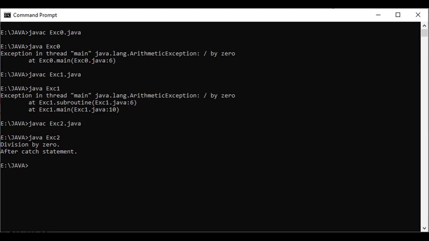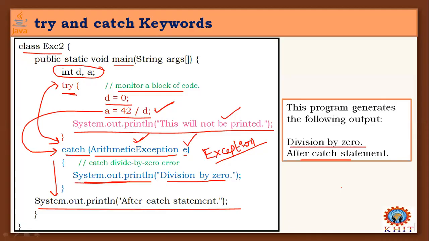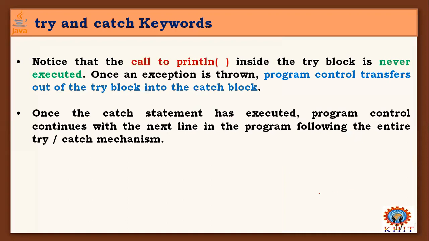Got it? I hope you all understood how to handle a simple arithmetic exception by using the try and catch keywords. In the next video also, we are going to see some more examples of try and catch blocks for different exceptions generated, right?